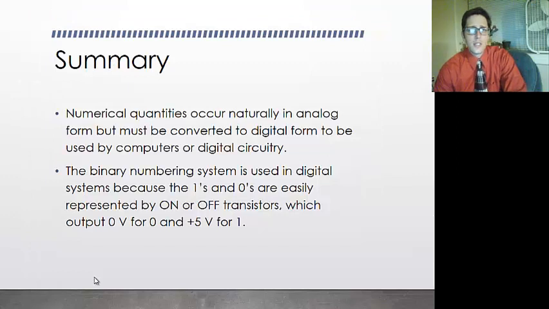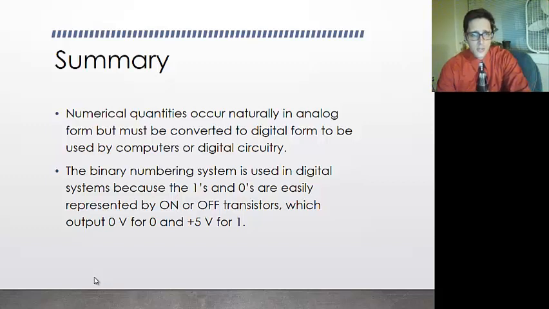Okay, numerical quantities occur naturally in analog form, but must be converted to digital form to be used in computers or digital circuitry. The binary numbering system is used in digital systems because ones and zeros are easy to represent by ons and offs in transistors, which are outputted as 0 or 5 volts.